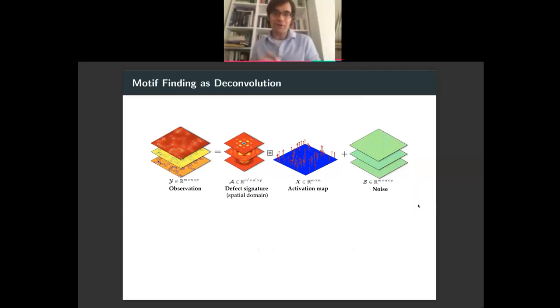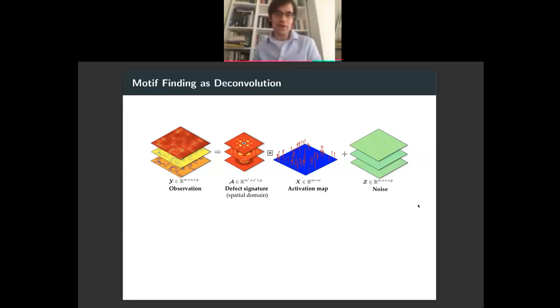So how do we convert motif finding to an optimization problem? Well, the natural way, which has been practiced in all of those areas, is to write down a model for our data, which is a convolution of 2 terms. One is the motif. That's what I've labeled A here in this slide.